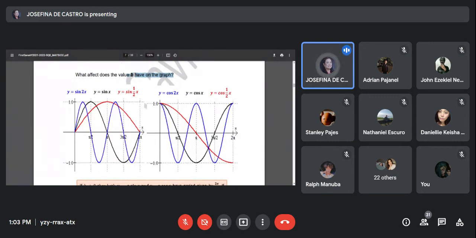So, we have here y is equal to sine 2x. Ito yung ating basic curve. Y is equal to sine x. Ito namang isa ay y is equal to sine 1/2 x. So itong kabila ay for cosine naman. Okay? Tignan natin muna itong si sine. Yung nagko-correspond sa y is equal to sine 2x ay yung kulay blue. Ayan po yung graph ng kulay blue.